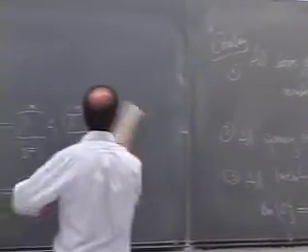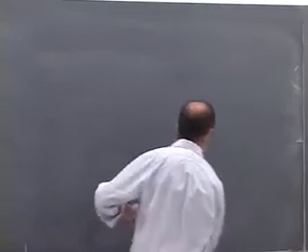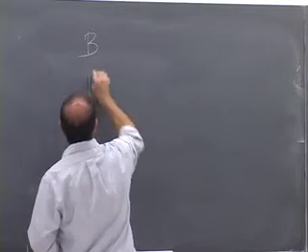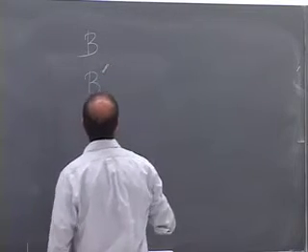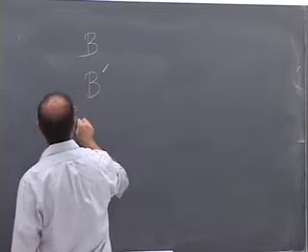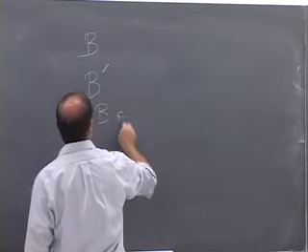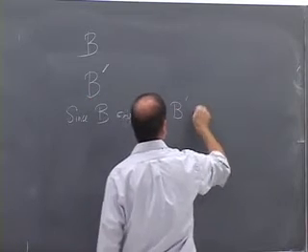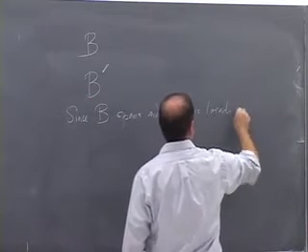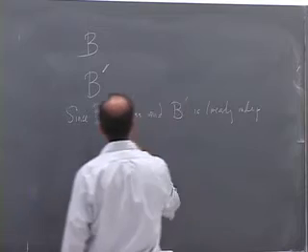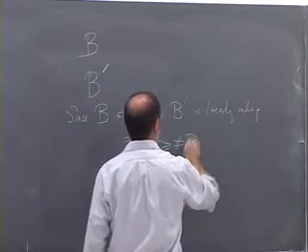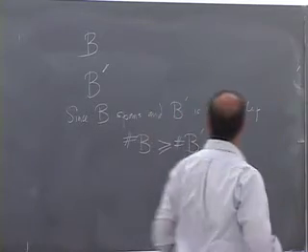Well, a basis is a set that's linearly independent and spans, so let's let the first basis be B, and the second basis be B prime. And since B spans and B prime is linearly independent, we know that the number of elements in B is at least the number of elements in B prime by the main theorem.